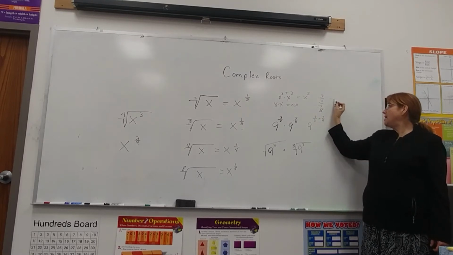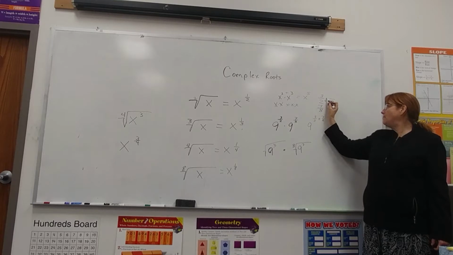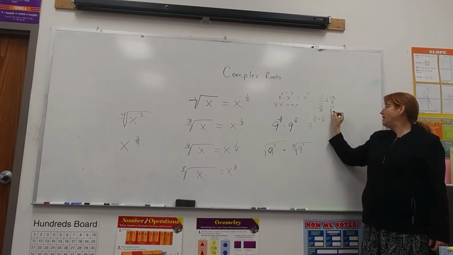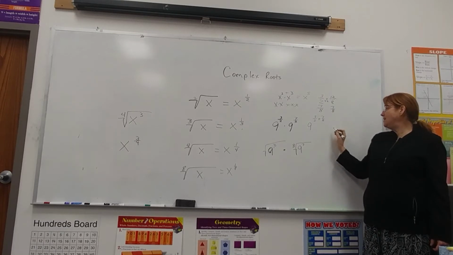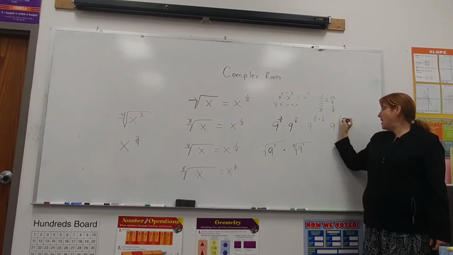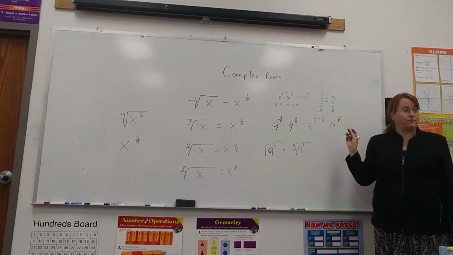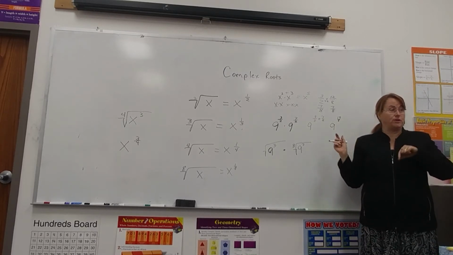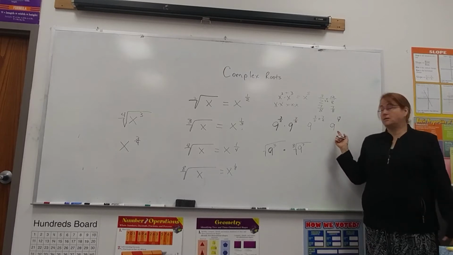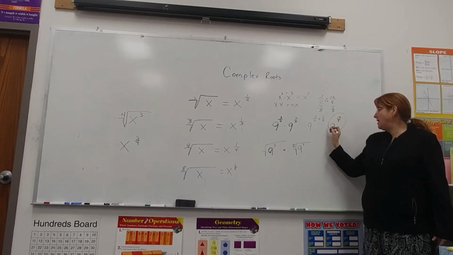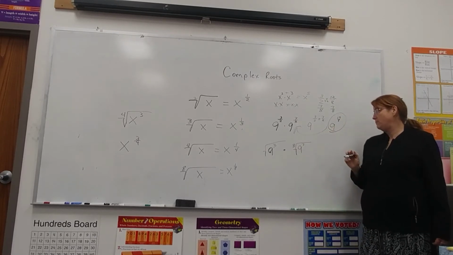My common bottom is 8. I raise this times 4. I get 12/8 plus 7/8, so I have 19/8. So my answer is 9 to the 19/8. If I could reduce that fraction, I would reduce it, but it can't. So that is actually the answer to this one.